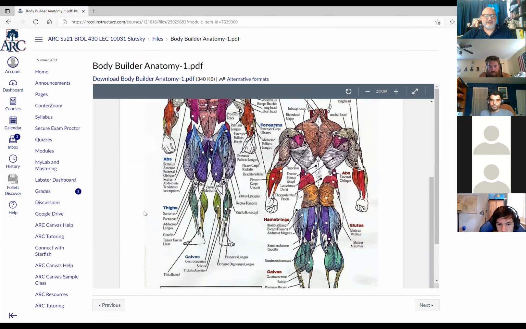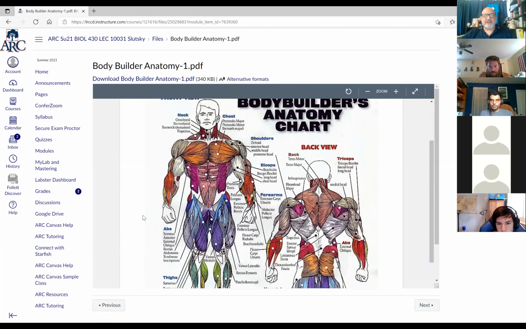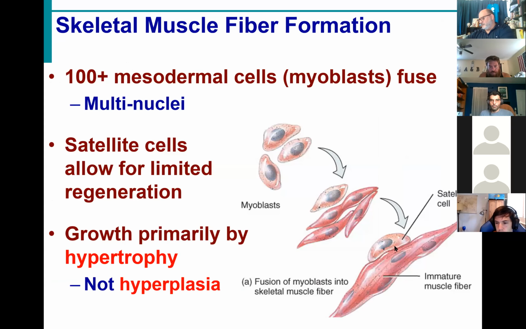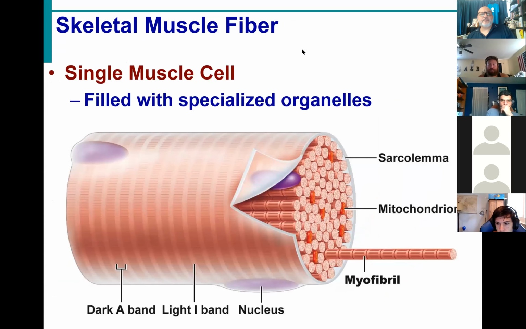So I guarantee there's going to be a handful, 3, 4, 5 pictures, something like that, of bodybuilders that you will be responsible for recognizing superficial muscles on, because we got to have some fun here too. All right. Questions on that? Right. Excellent. All righty.